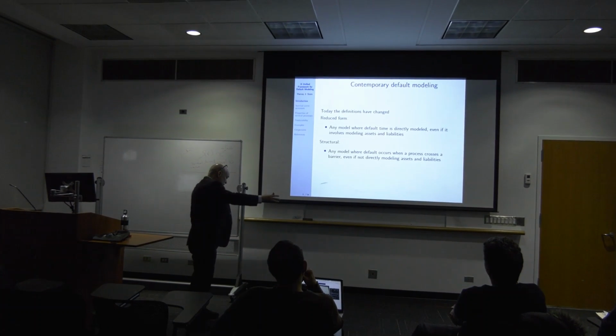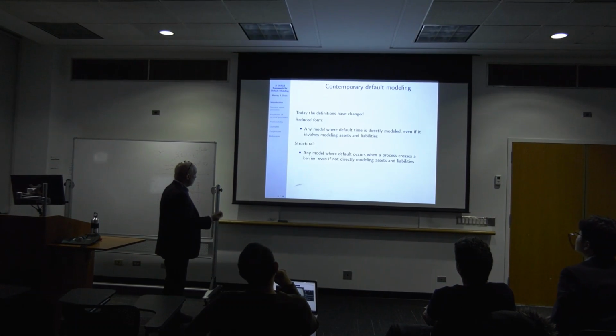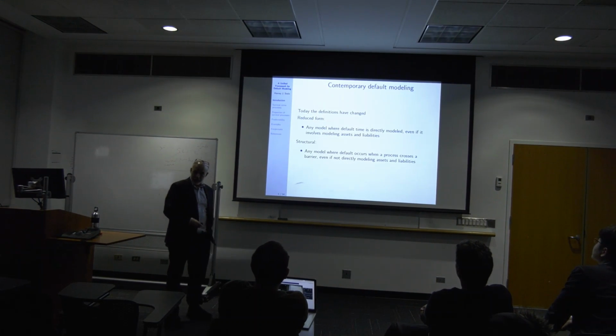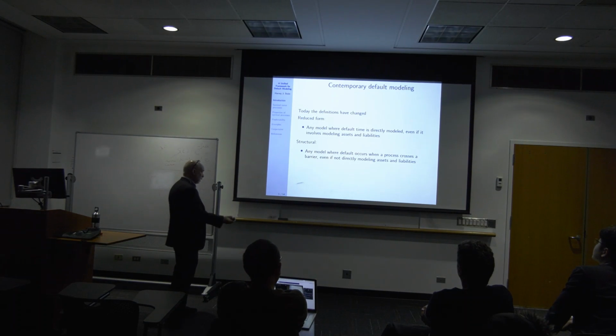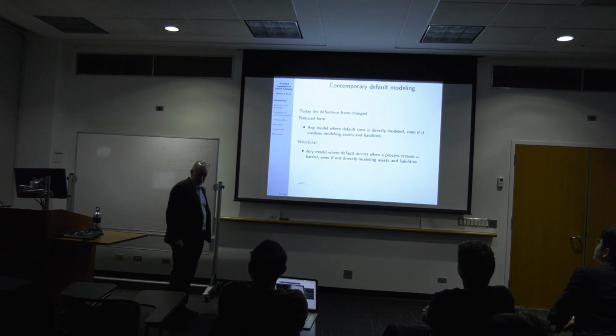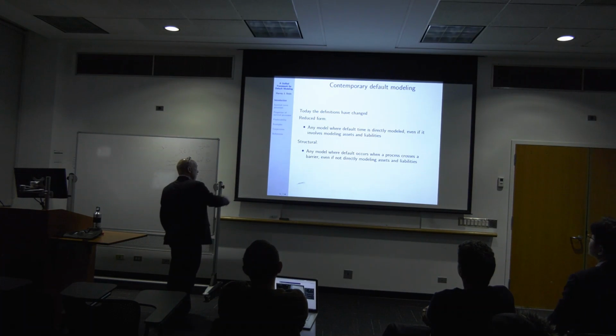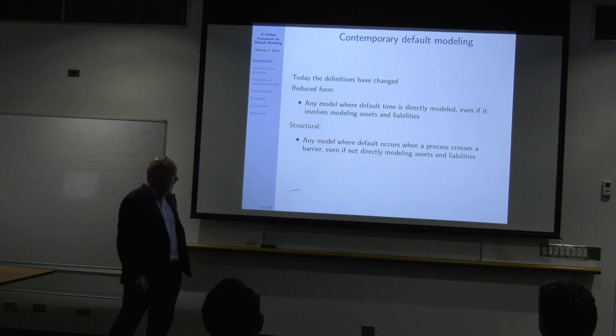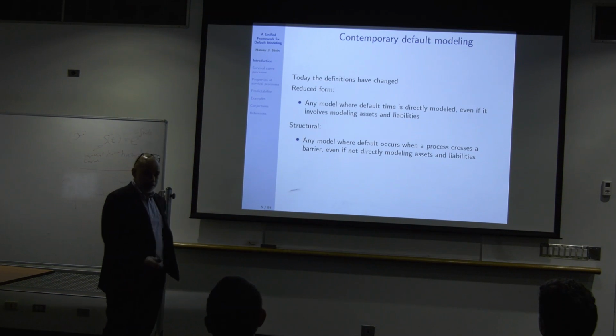However, if you look at the literature over time, you'll see that more recently, any model where you're modeling the default time is called a reduced form model, even if the model involves modeling the assets and the liabilities, which you would think of as being structural. And conversely, any model where default occurs when a process hits a barrier is called a structural model now, even if it has nothing to do with actually trying to estimate assets and liabilities.